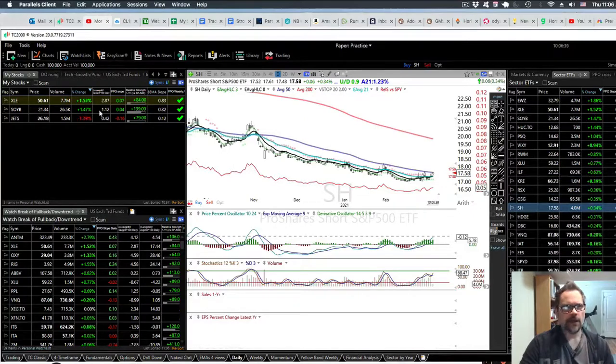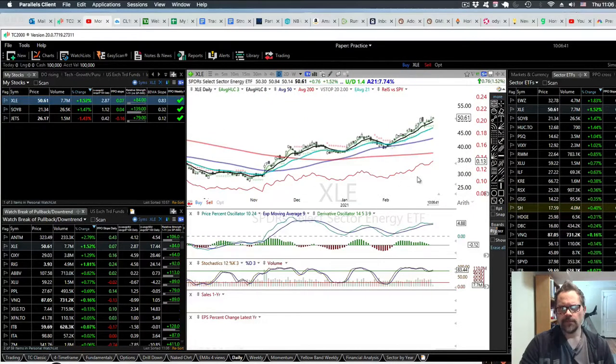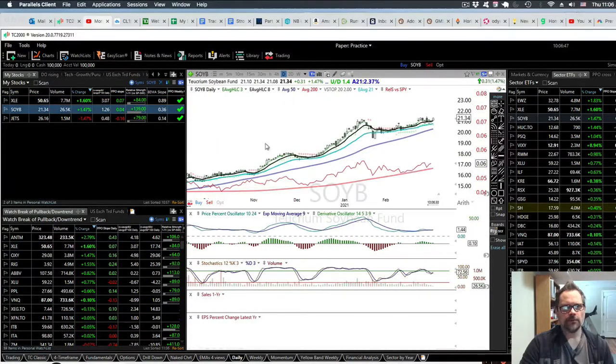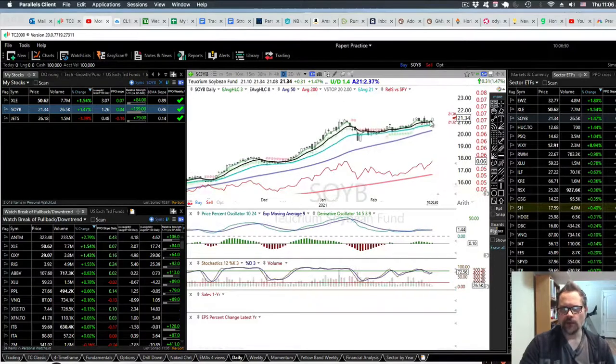Other things that are still hanging in there are the energy. I have the energy ETF. And also, this isn't a great one, but the soybean one, it's a bit of an uptrend, but it's somewhat flat.